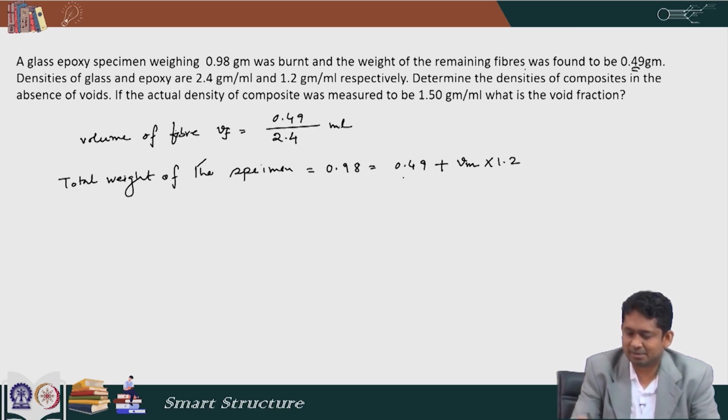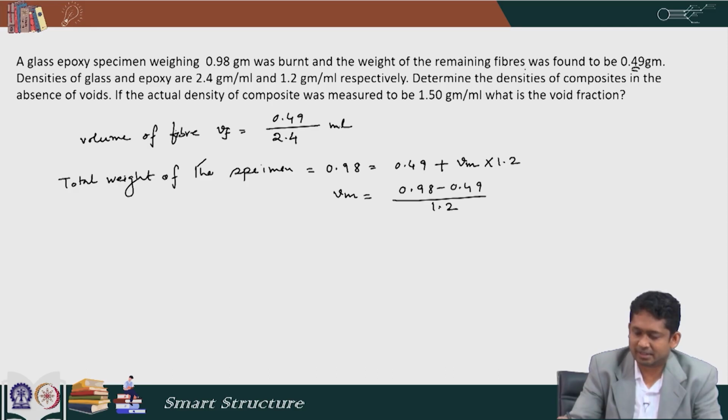So, that gives us the total weight of the specimen. So, we can solve it and find out Vm. So, Vm is 0.98 minus 0.49, and the entire thing divided by 1.2, and that will come in milliliter.